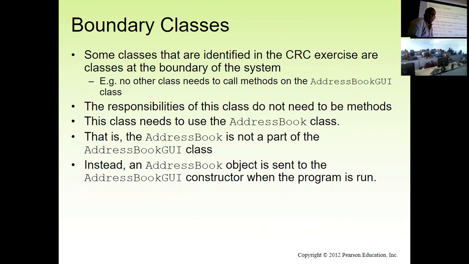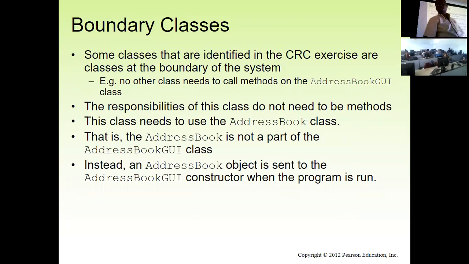Now, some classes that are identified in the CRC exercise are classes at the boundary of the system, and that includes, for example, the address book GUI class, which is going to be used to allow the user to interact with the system. All right. The responsibilities of this class do not need to be methods. This class needs to use the address book class.